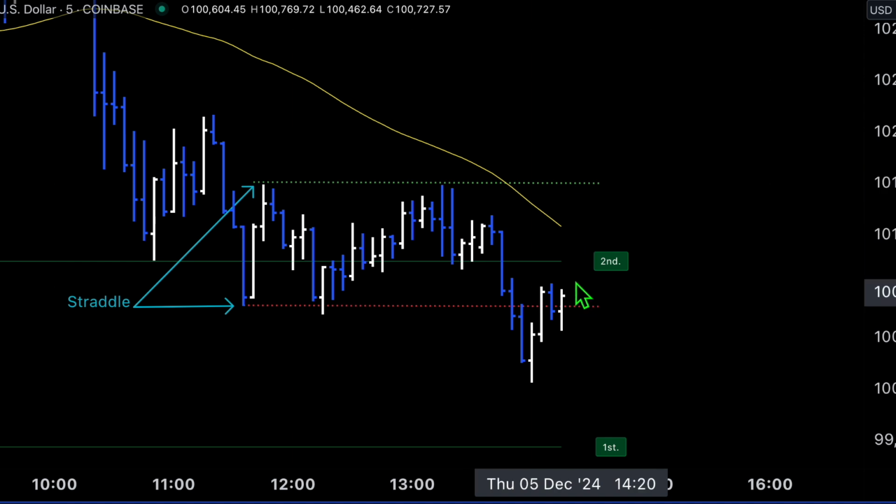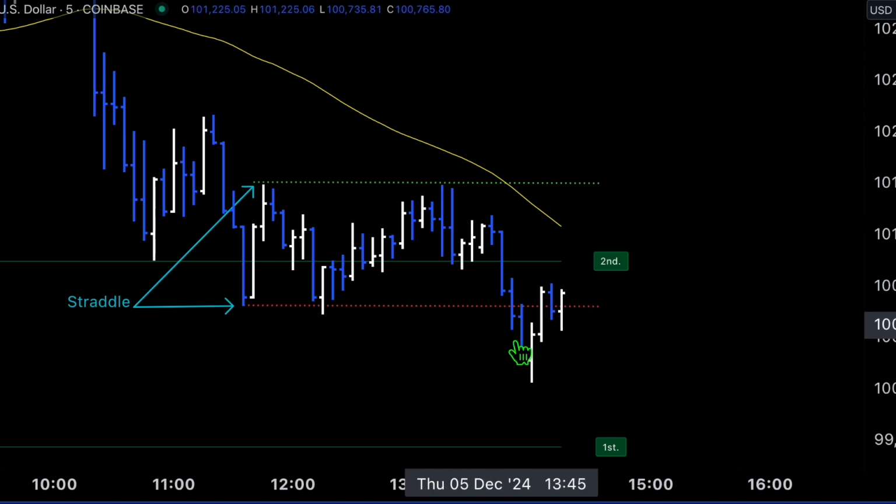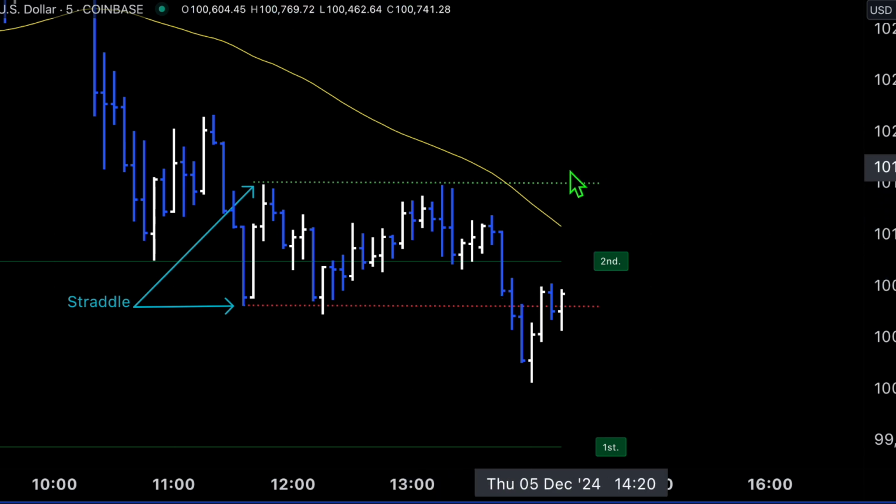Measure your risk. Don't just jump in and put a random stop. Measure it, assume the risk or not. If it's just too much, too big a bite, walk away. Just wait for the next one. Wait for one that you can afford.